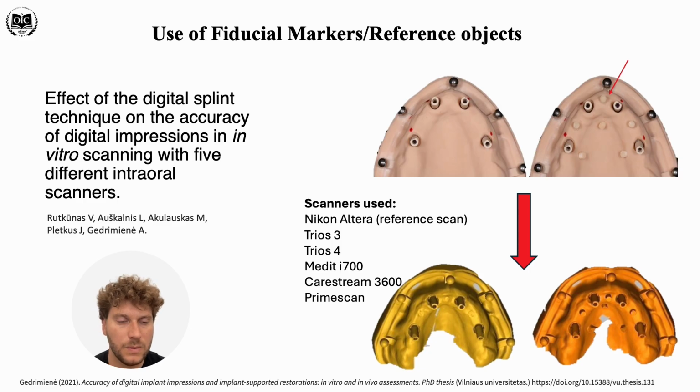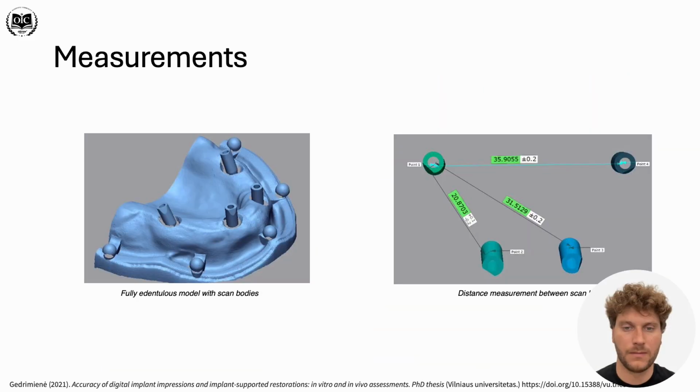And we used a reference scanner, the high precision Nikon Altera scanner, and a number of commercially available intraoral scanners to scan with and without these reference objects, and we measured the distances between the scan bodies and also the angulations between a few of the scan bodies.